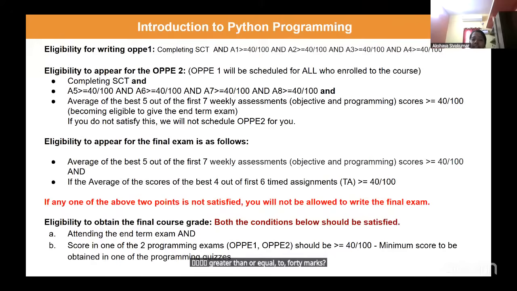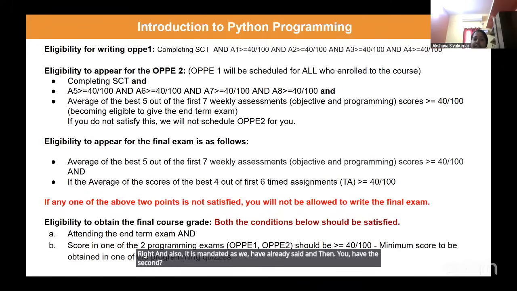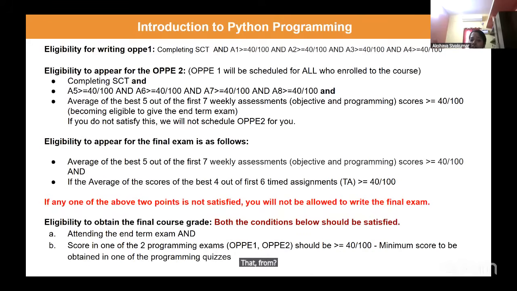Understood? Okay. And next you have OPP2, as I told you. OPP1 will be scheduled for all the students who have enrolled in the course only when they satisfy the above condition, the eligibility for the OPP. And SCT is mandatory, as we have already said. Then the second eligibility criterion for OPP is that from week 5 to week 8, the assignment score has to be greater than or equal to 40.